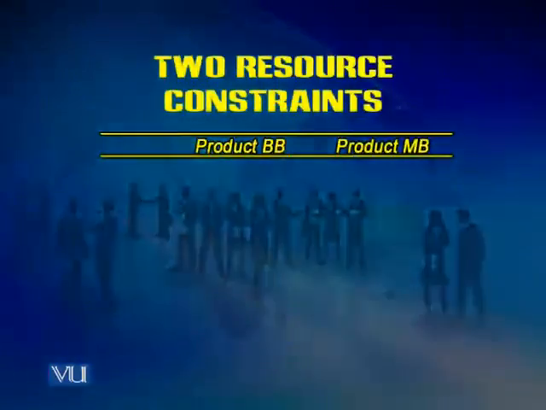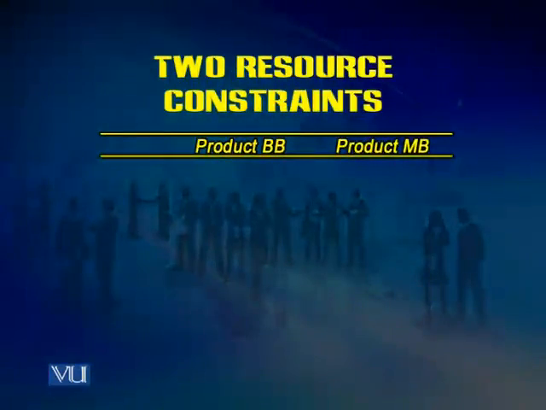So now there are two scarce resources, labor as well as material. If we are going to calculate the contribution per unit for both the resources, let's see what happens. The contribution per unit for both BB and MB is given here.